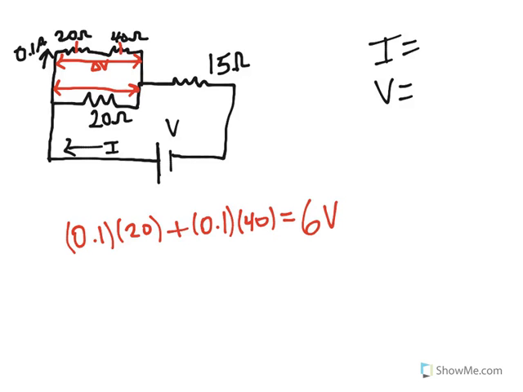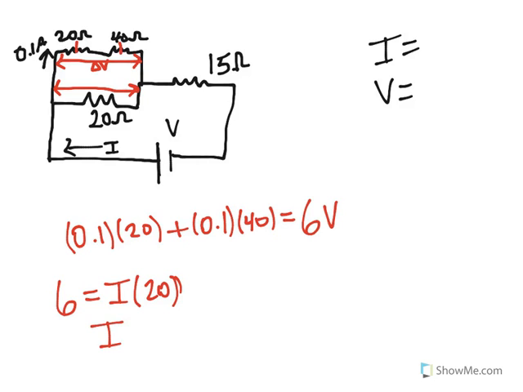That's useful because if I know that the potential difference across that 20 ohm resistor is 6 volts, I can just set 6 equal to the current going through 20 times 20.